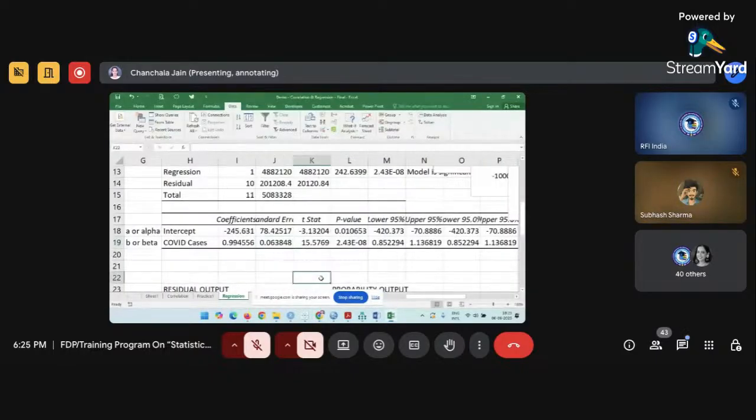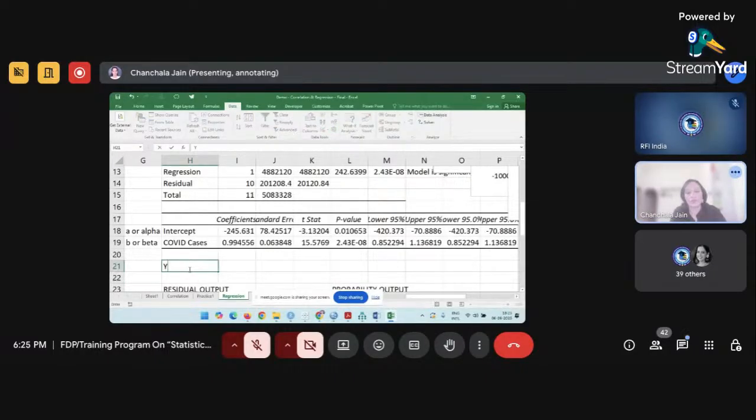Fine. If it is clear, we have decided these two are the significant values. We can make our equation, that is y equals A plus B x, or mask sold equals minus 245.631 plus 0.994556 into COVID cases, right?